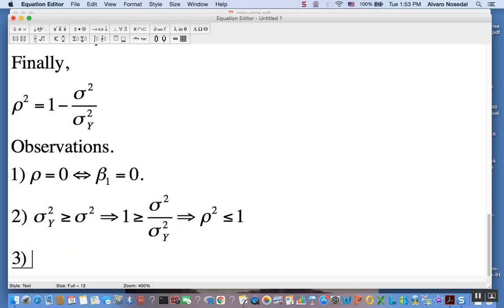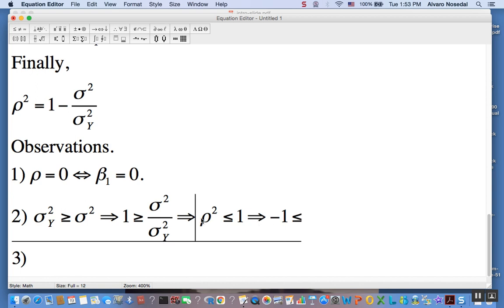Another important observation here is that, since this guy rho square is less than or equal to 1, that means that rho is always a number between -1 and 1, right?